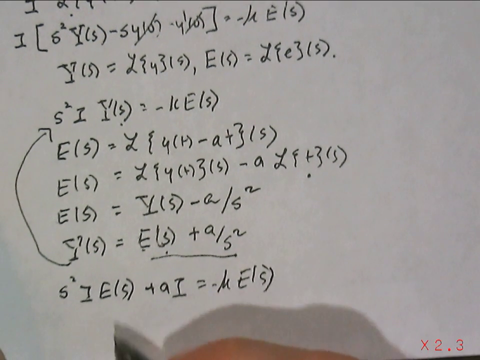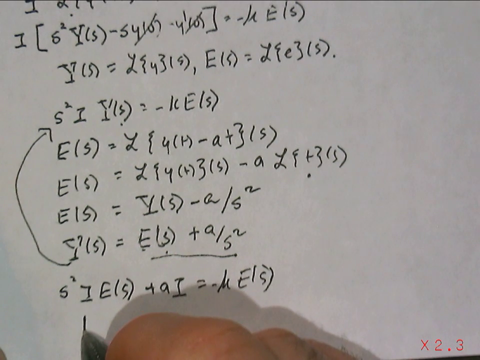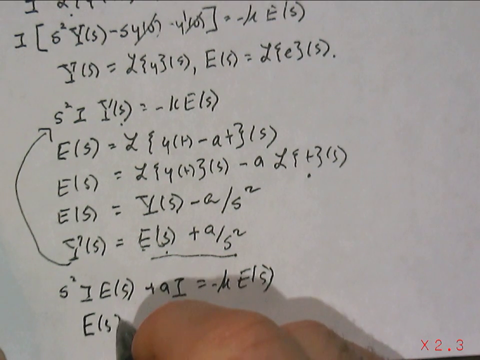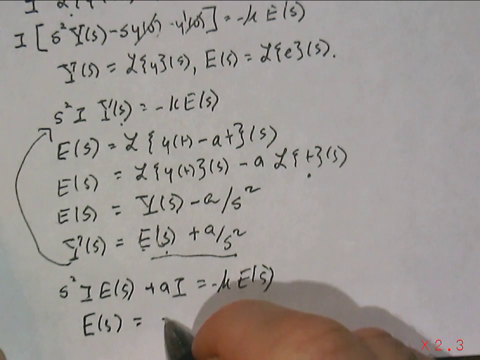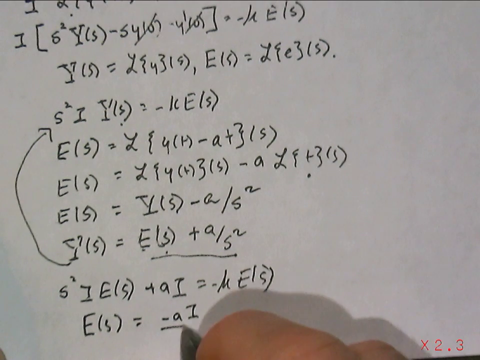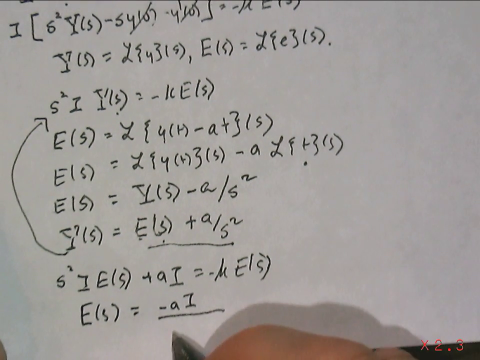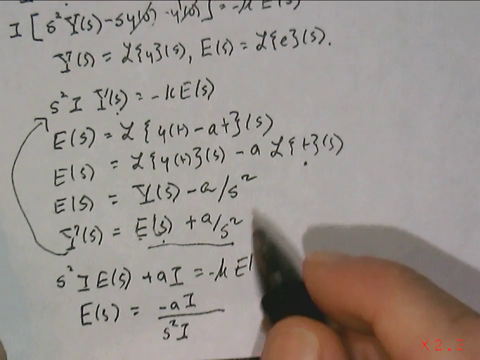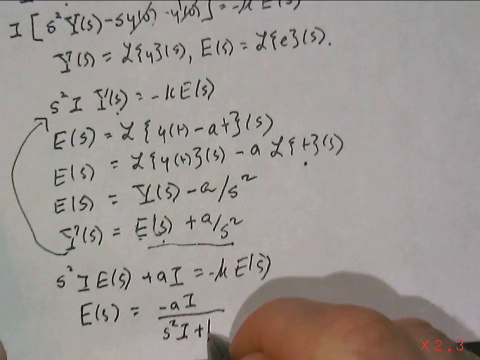So if we solve now for E of s, you would get minus a times the moment of inertia I divided by s squared times the moment of inertia I plus that proportionality constant k.